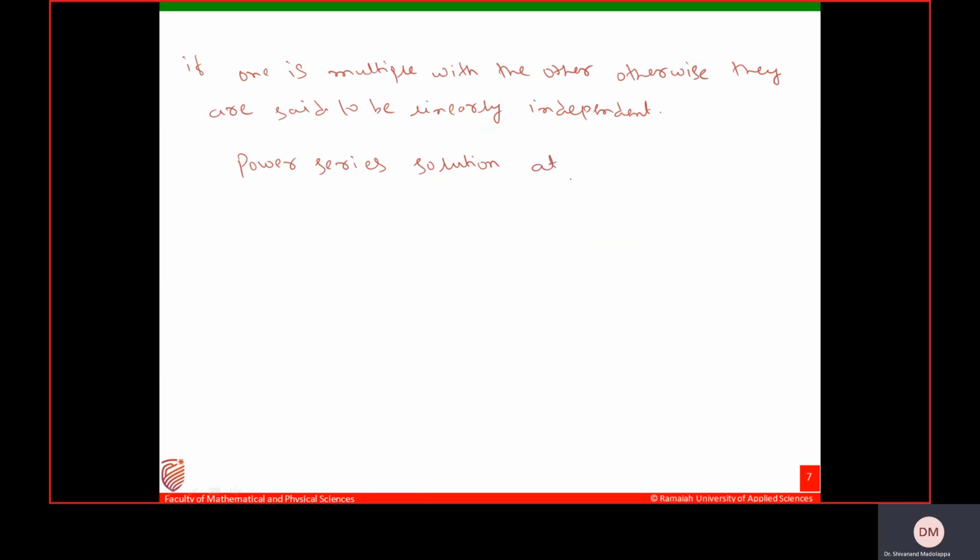How do you solve a power series at an ordinary point?